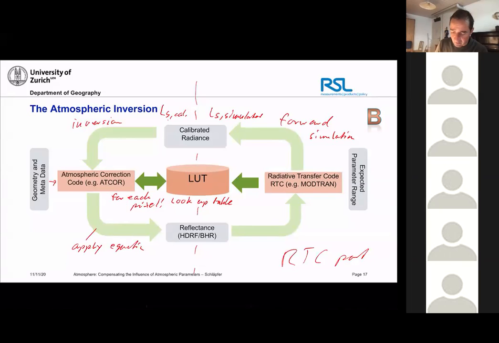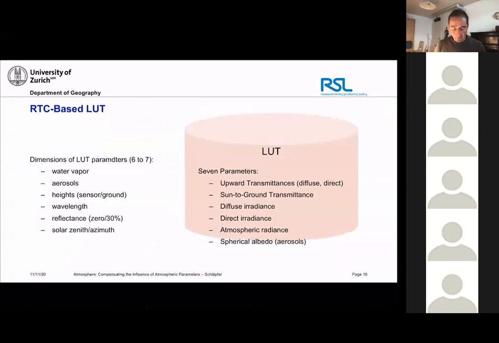So this was the process of correction, and the core part of the whole correction was this strange lookup table. To explain what's in this lookup table, you store a few parameters. You store the transmittances, upward and downward. In the text before, it was T upward, T downward.